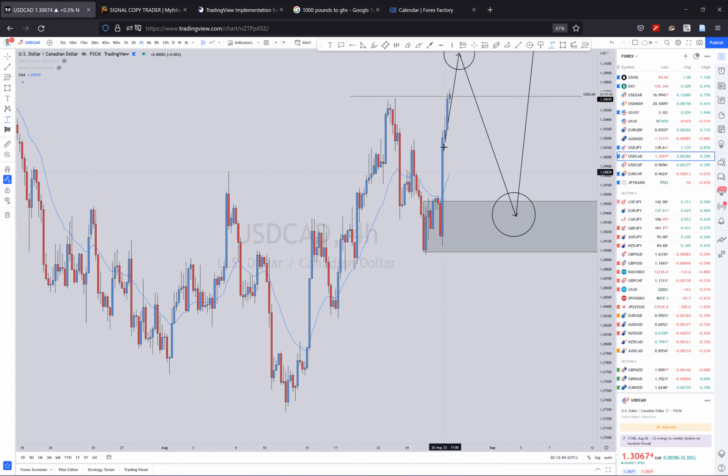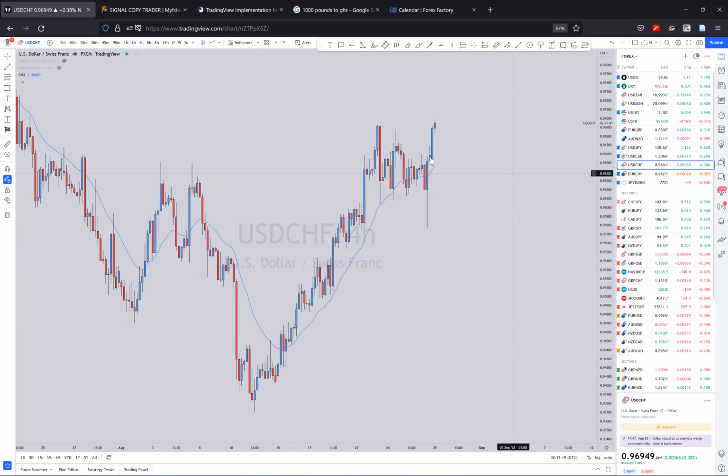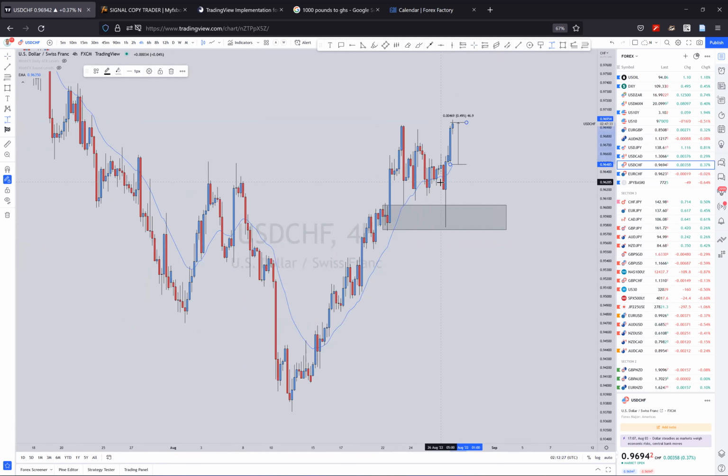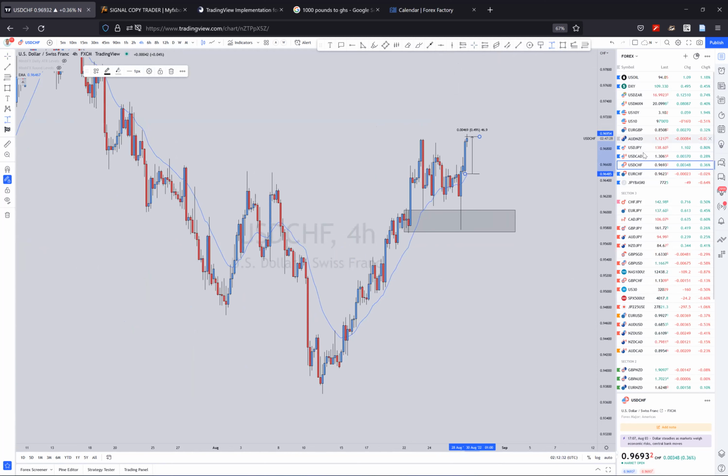USD CAD, similar push, about 50 pips. Same for USD CHF, about 50 pips push. So the dollar is still very, very strong.